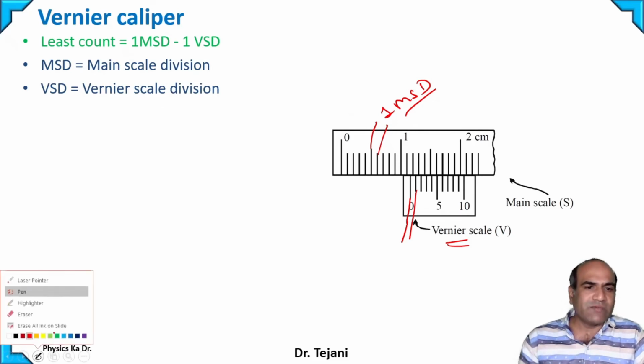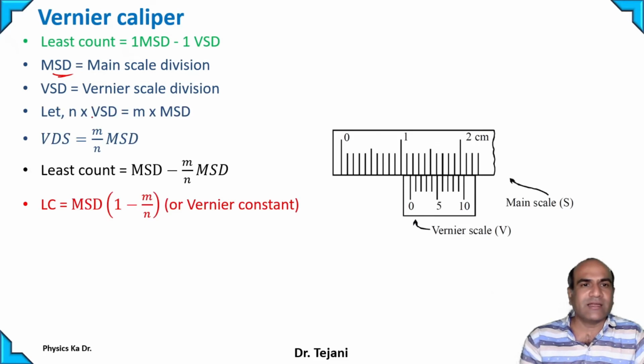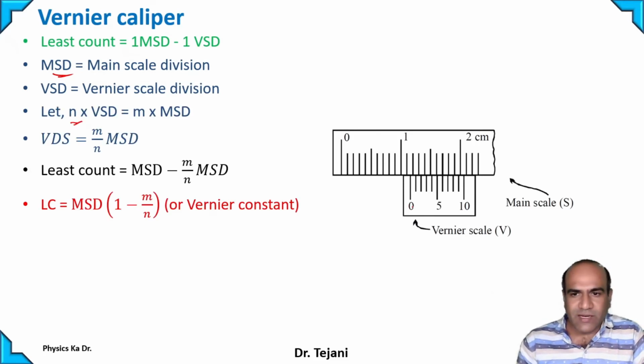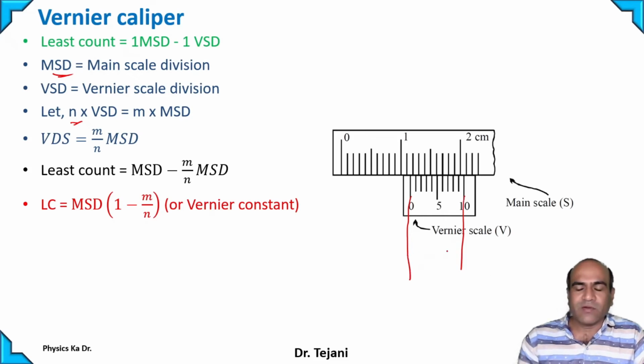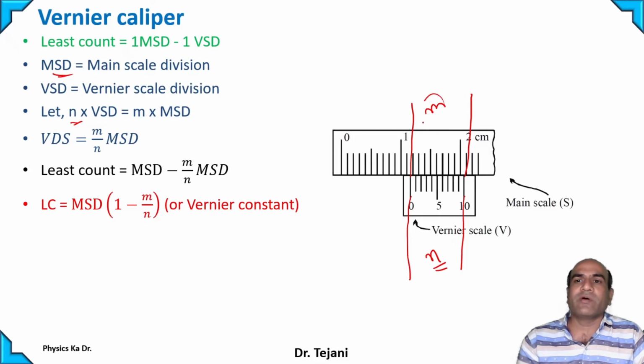But we don't know the exact value, so what do we do? Let the Vernier scale have n divisions, and within the same length, let there be m divisions on the main scale.